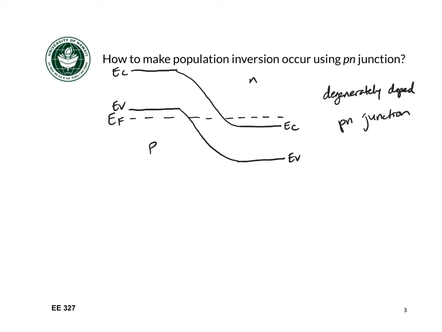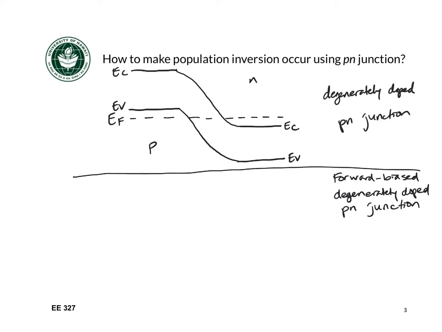But now let's look at the band diagram when we forward bias it. Okay, so we're going to forward bias our junction. That means we're going to offset the Fermi levels on either side of the junction such that the potential barrier in the valence band and conduction band becomes lower. Okay, so let me draw the p side first. I'm applying a forward bias, offsetting the Fermi levels.